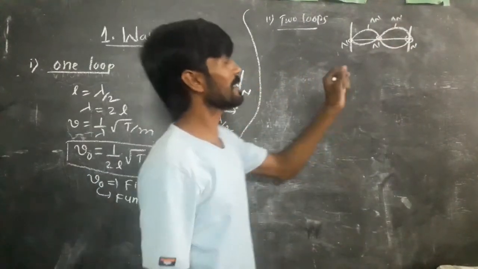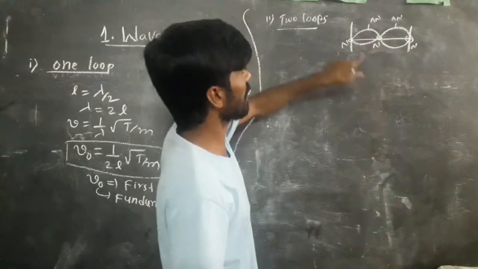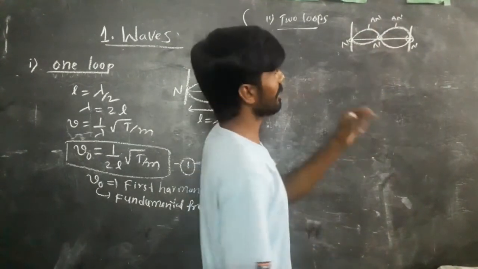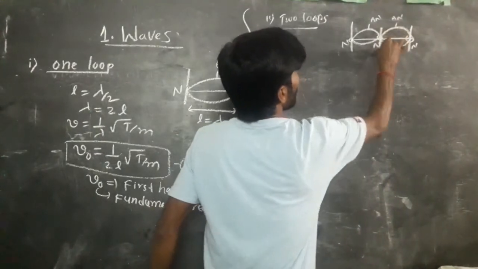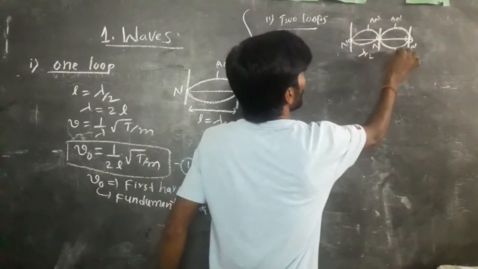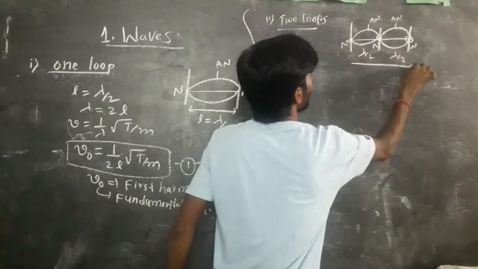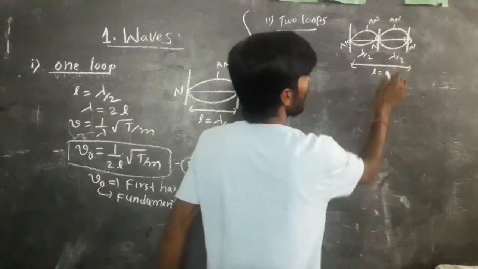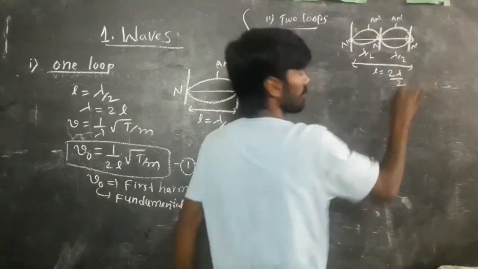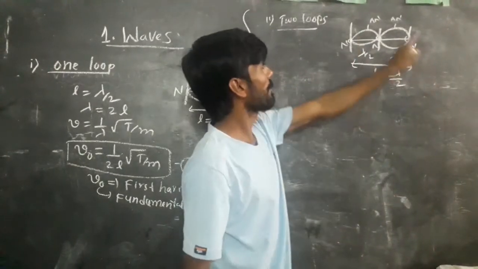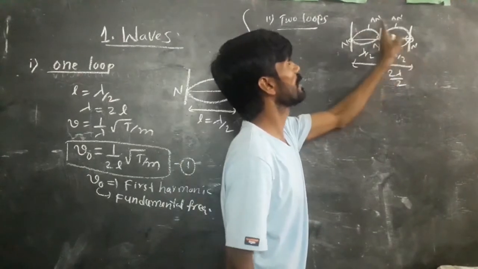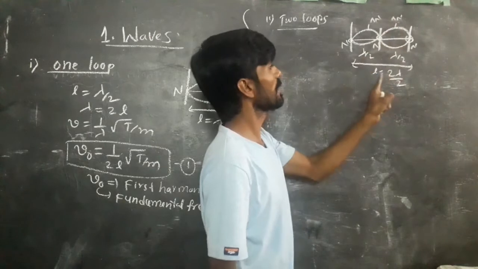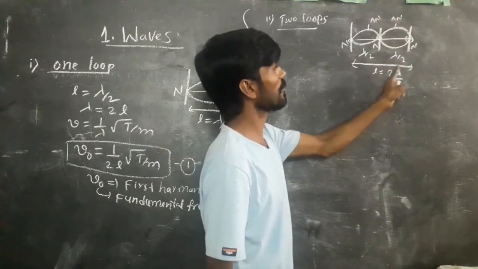Now in the stretched string, when a stationary wave forms with 3 nodes and 2 antinodes, the length of the stretched string: this is lambda by 2 and this is lambda by 2. So total length L is equal to lambda by 2 plus lambda by 2. With 3 nodes and 2 antinodes, the length of the stretched string L is equal to 2 lambda by 2.